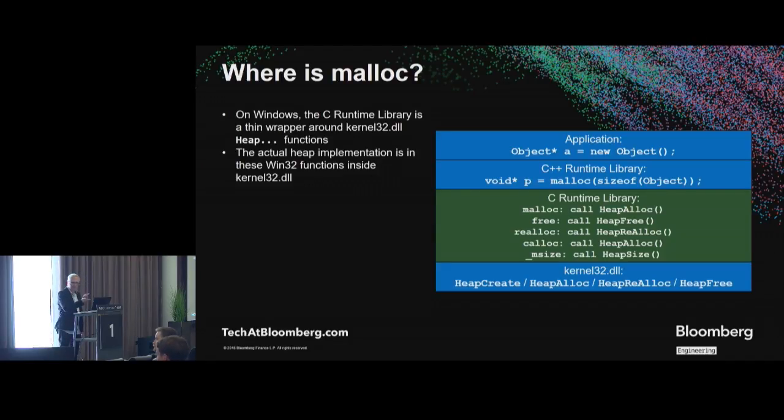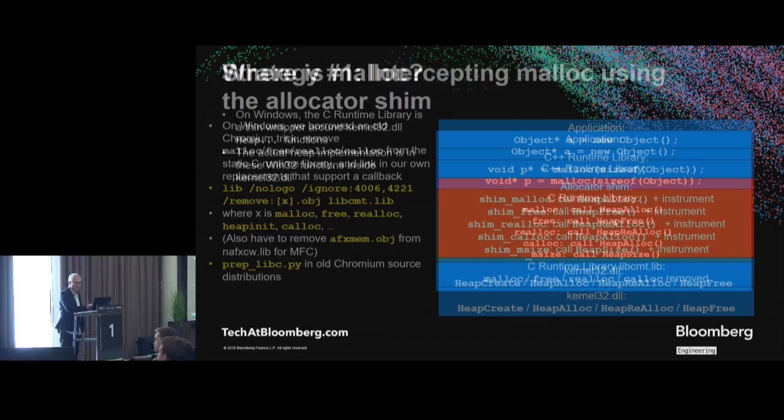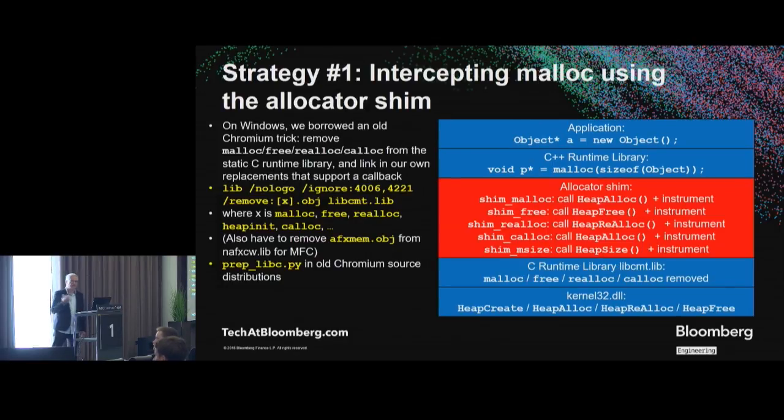So it's pretty easy to understand how this all fits together. What you can do, and this we actually borrowed a trick from older versions of Chromium, which we found conveniently when we started to embed Chromium in our terminal, was that old versions of Chromium were actually modifying the standard C runtime library on Windows and removing malloc, free, realloc, calloc, and msize from that library, and then replacing them with custom versions on the link path that would be used instead.